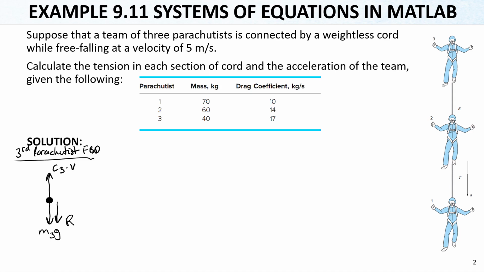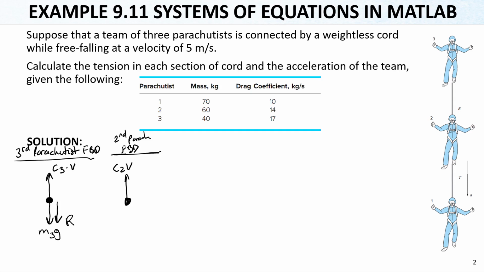From here we can have an equation, but before the equation, let's check the second parachutist free body diagram. I will try to keep this shorter. In the second one, we will again have the drag force, but with c2.